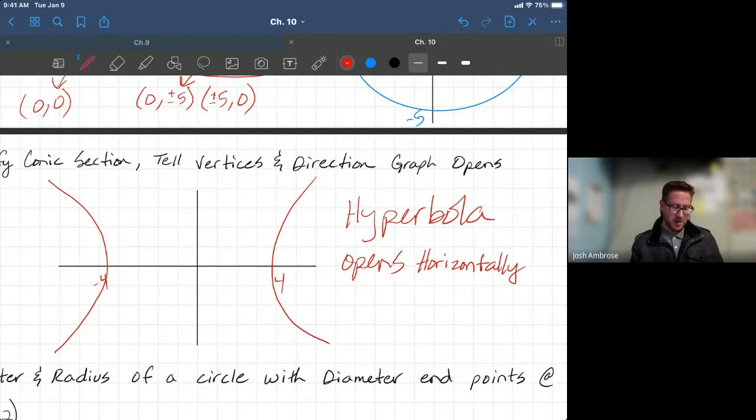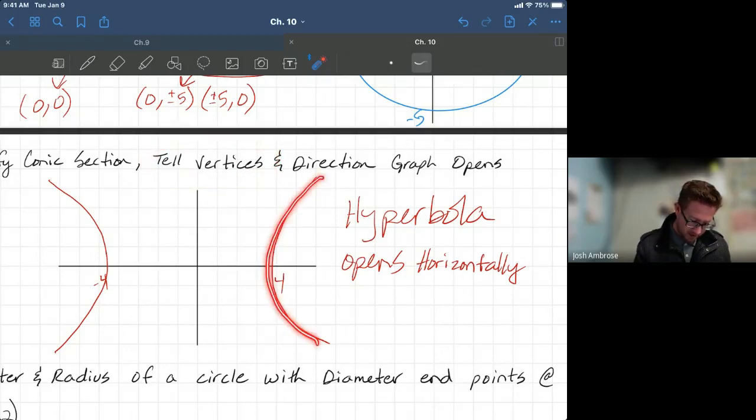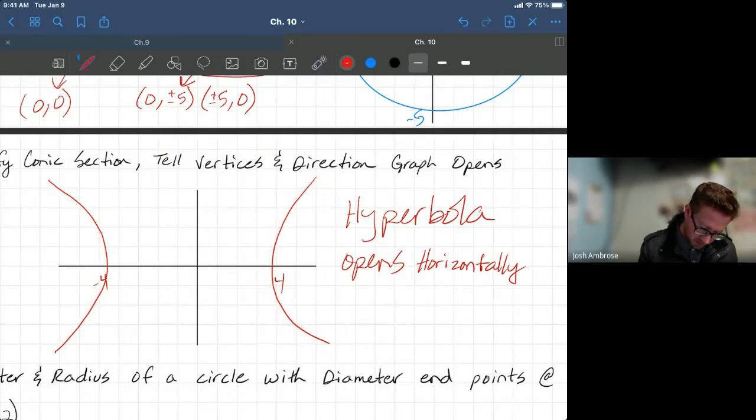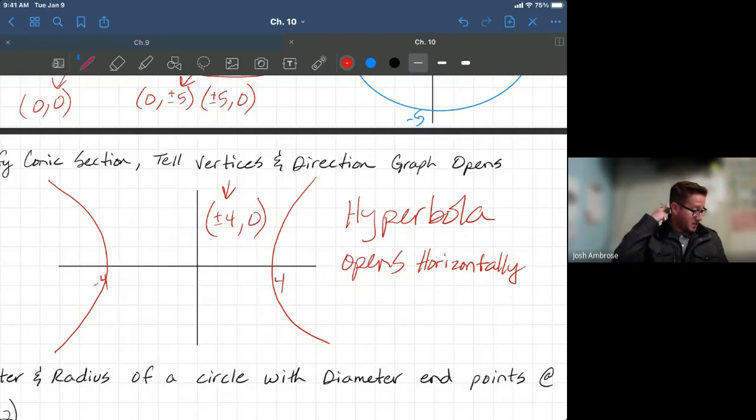Okay, so that covered the conic section, that covered the direction. Now we need to talk about the vertices, which are where it's crossing the x-axis. So the vertices are going to be your plus and minus 4, 0, because they're not crossing the y-axis at all.